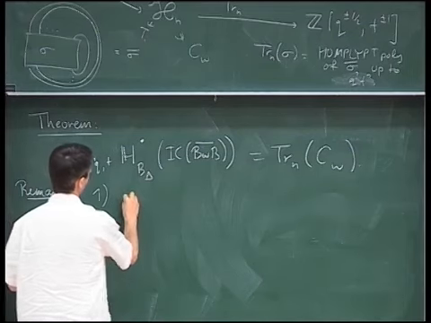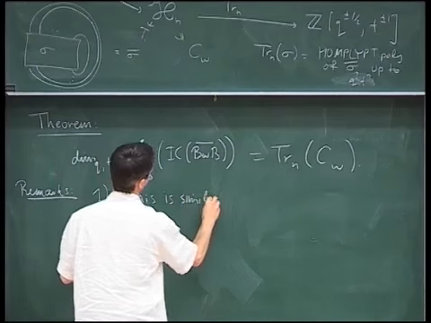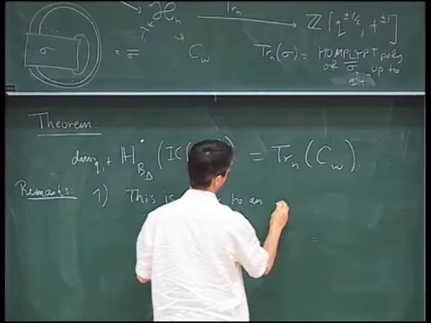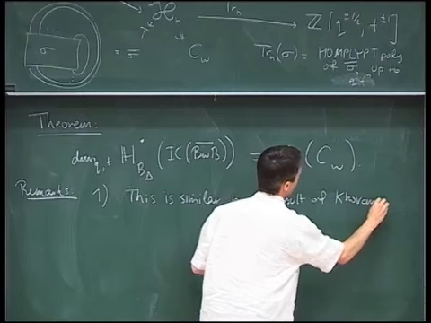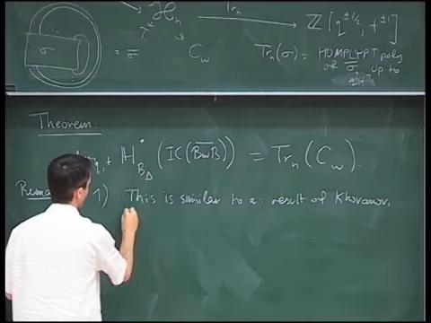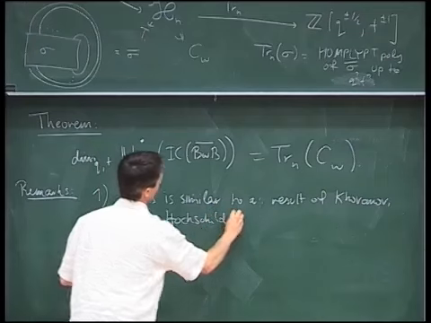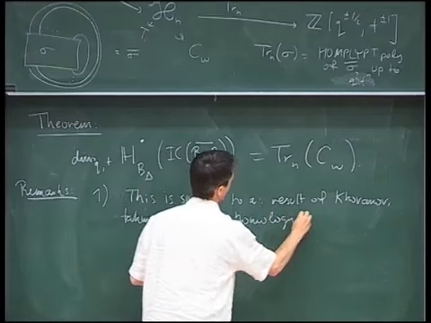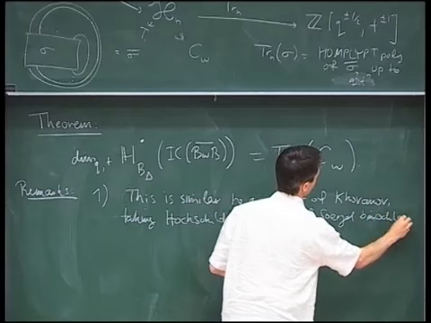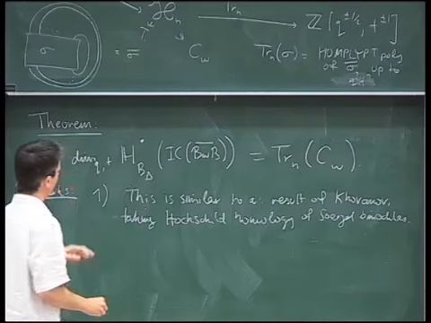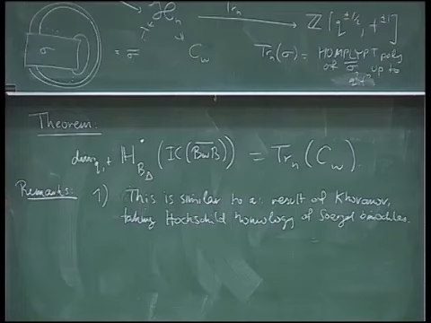So this is a result of Khovanov. So this is Hochschild homology. So in some sense, it's a geometric translation of Soergel's idea of doing that.